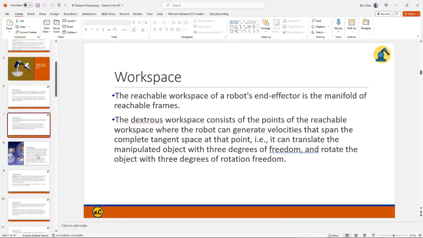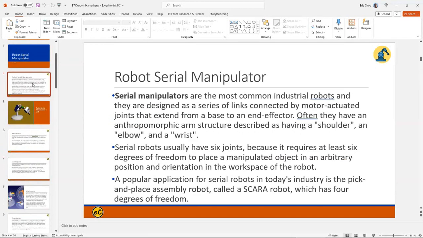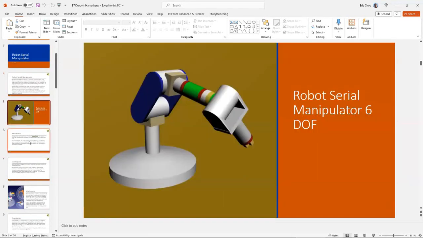For a prismatic joint, you only have the displacement. For a rotational joint, you have the rotation. This is one of the models for a serial manipulator with 6 degrees of freedom.